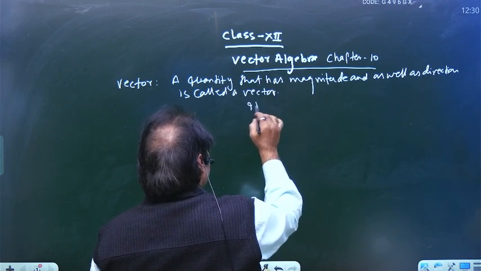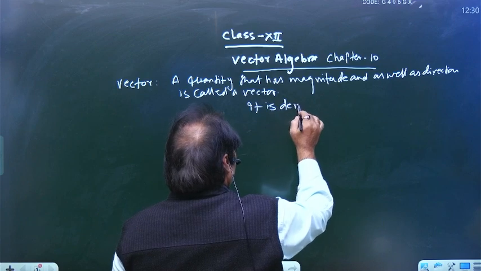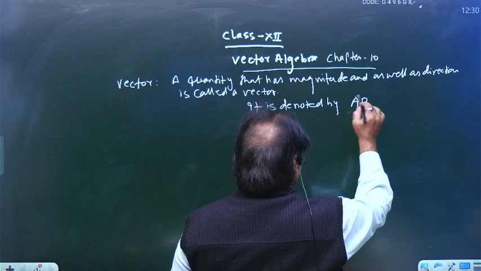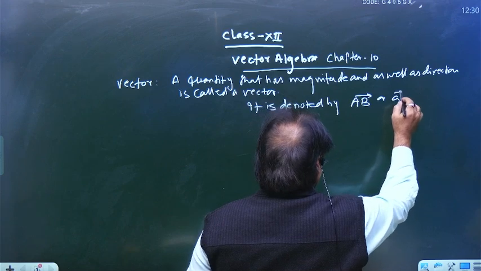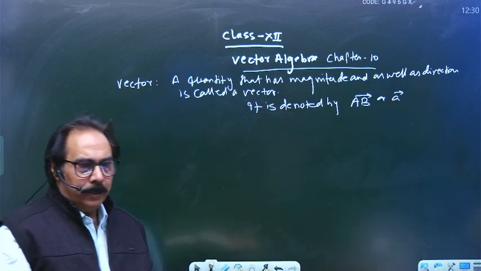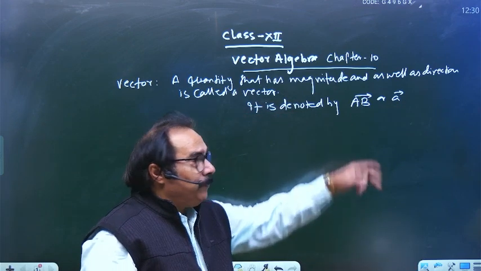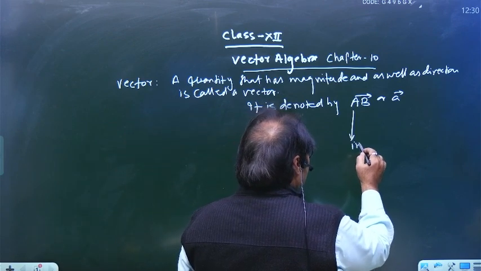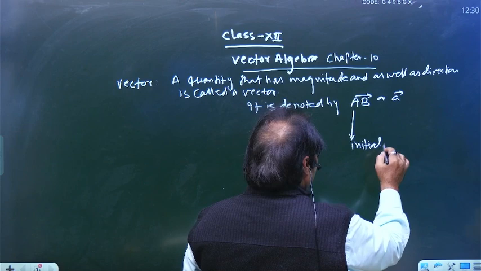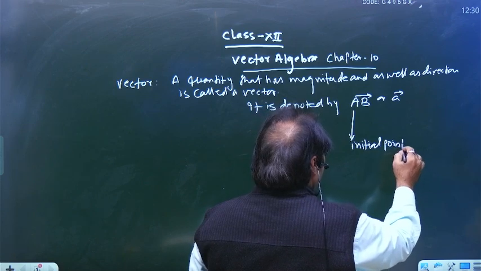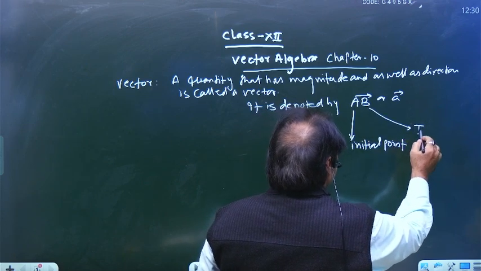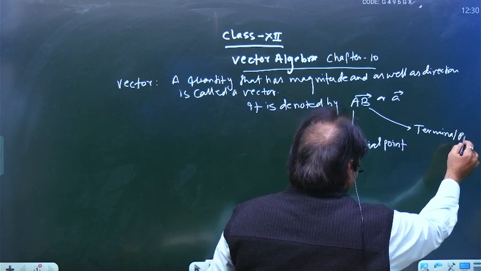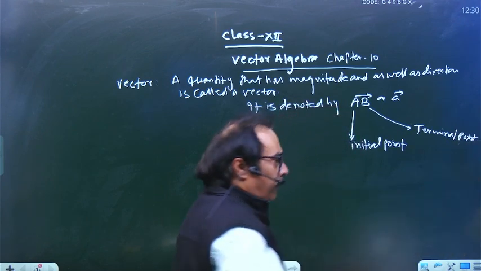It is denoted by, say, AB or vector A or B, right? So in this vector AB, this A is called the initial point, and this B represents the terminal point of the vector.